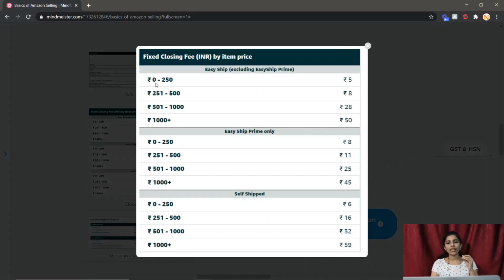Consider that you are selling a product between 0 to 250. There will be 5 rupees of fixed closing fees. Easy Ship, Prime, Self Ship are the various methods of fulfillment. I will be explaining what is Easy Ship, Self Ship, FBA in the workshop. So I'm just sharing this for understanding purposes. So fixed closing fees is based on the price slab.